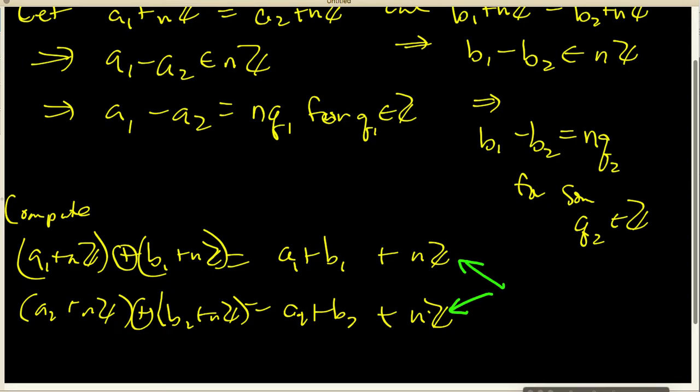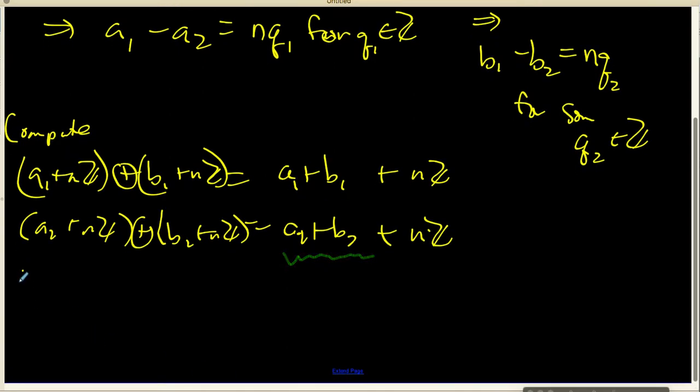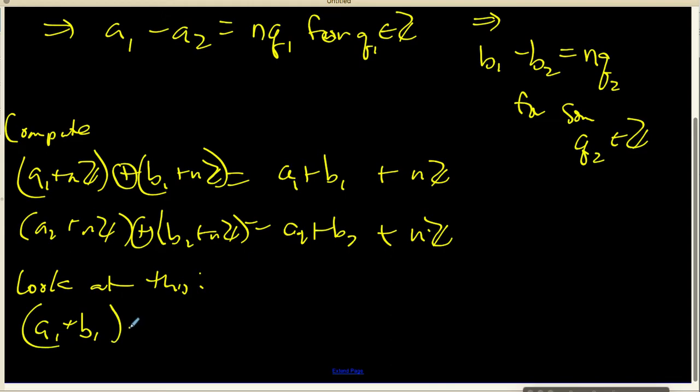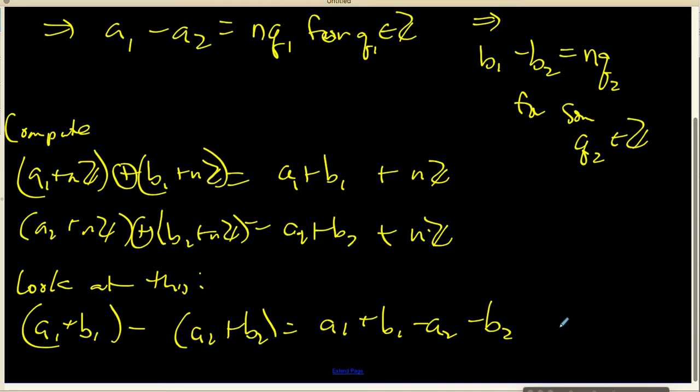Well, to figure that out, I want to look at their representatives, take this representative and subtract off that representative. In other words, to tell whether or not the two cosets are equal, we look at this computation: (a1 + b1) - (a2 + b2) is a1 + b1 - a2 - b2, and that is an equation inside the ring Z.